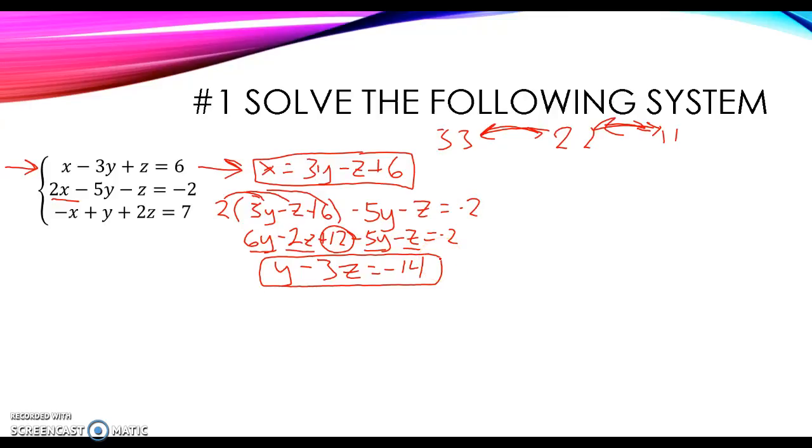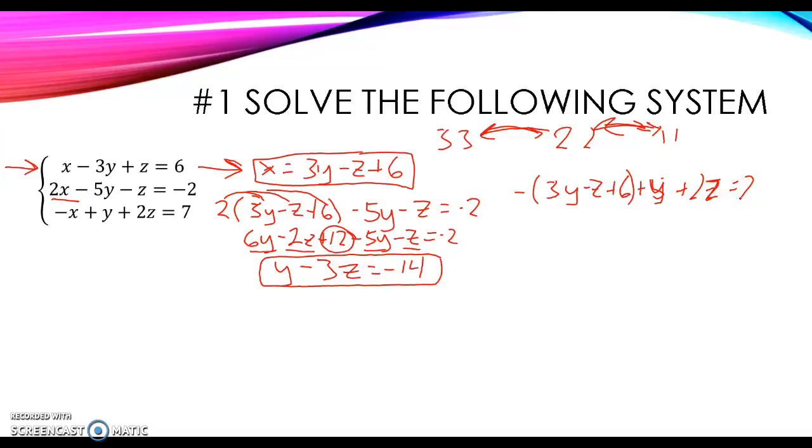So I'm going to do the same thing with the third equation. I'm going to rewrite the third equation, which is negative x, but instead of putting x, I'm going to put what x is equal to, which is 3y minus z plus 6, plus y plus 2z equals 7.